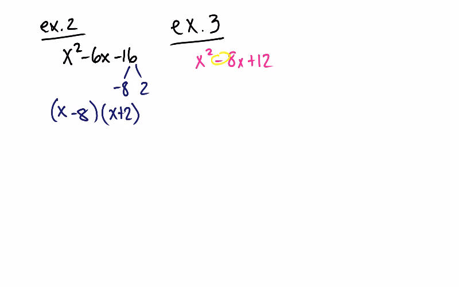When you notice a minus sign in front of b, but then c is positive, that means both of the numbers are going to be negative. So what multiplies to 12 but will add to negative 8? That would be negative 6, so x minus 6, and negative 2, so x minus 2.